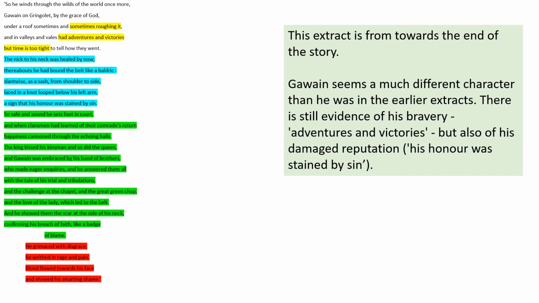And he showed them the scar at the side of his neck, confirming his breach of faith like a badge of blame. He grimaced with disgrace. He writhed in rage and pain. Blood flowed towards his face and showed his smarting shame.